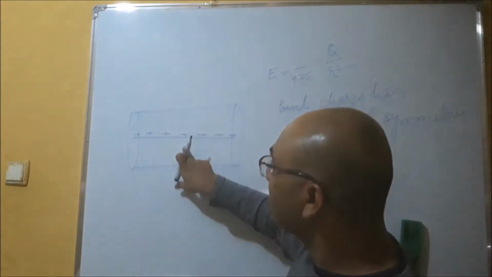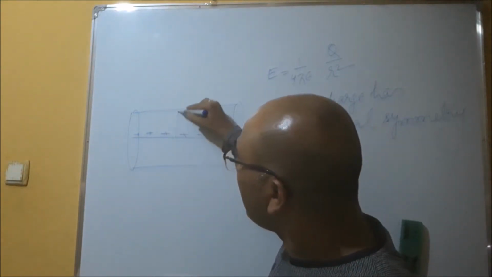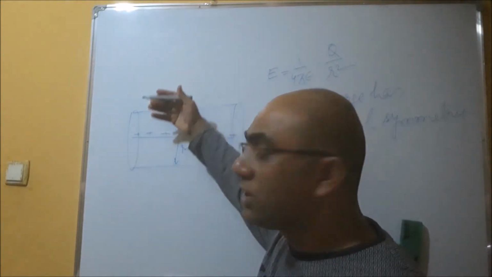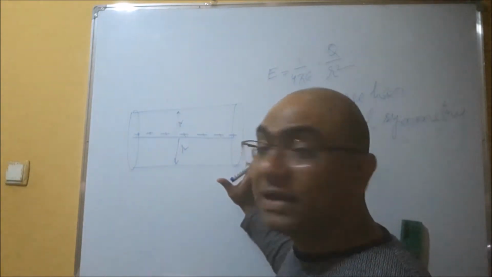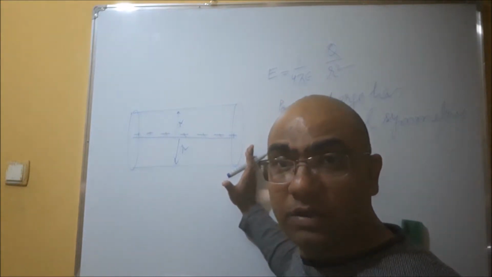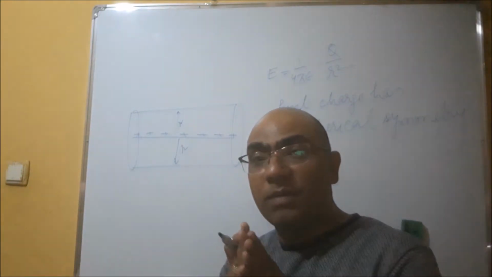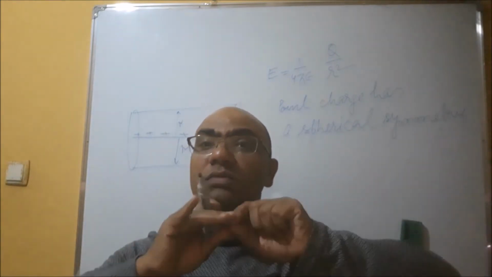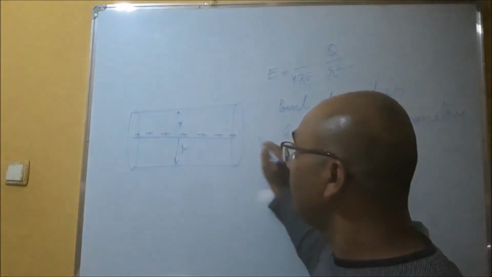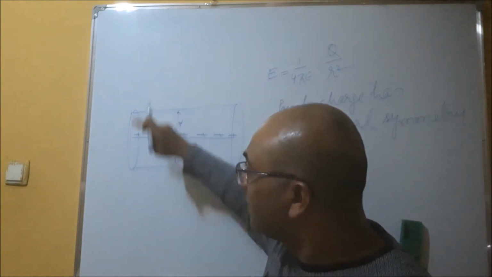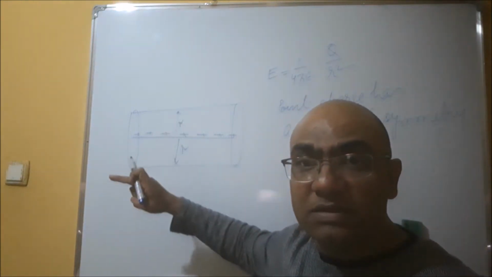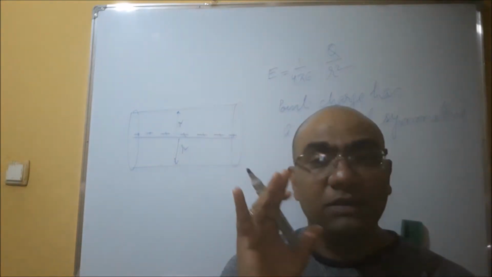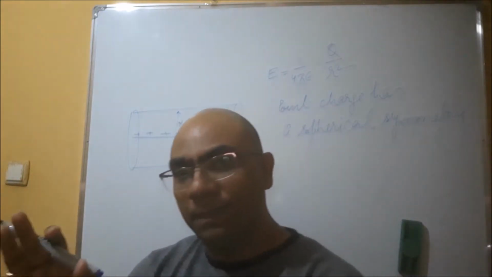So all the points are at the equal distance, and I am neglecting the behavior at the ends. I am assuming this line charge is infinitely long, so there will be no end. So this cylindrical surface will have the equal value of electric field intensity at every point.